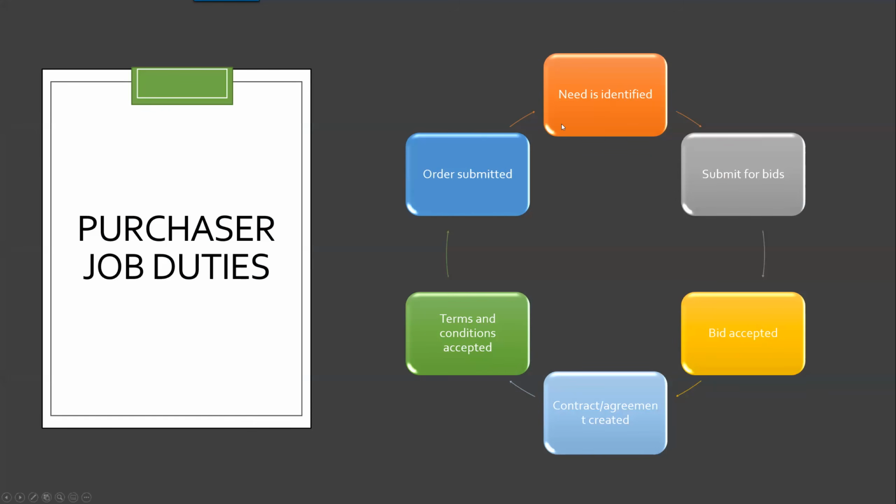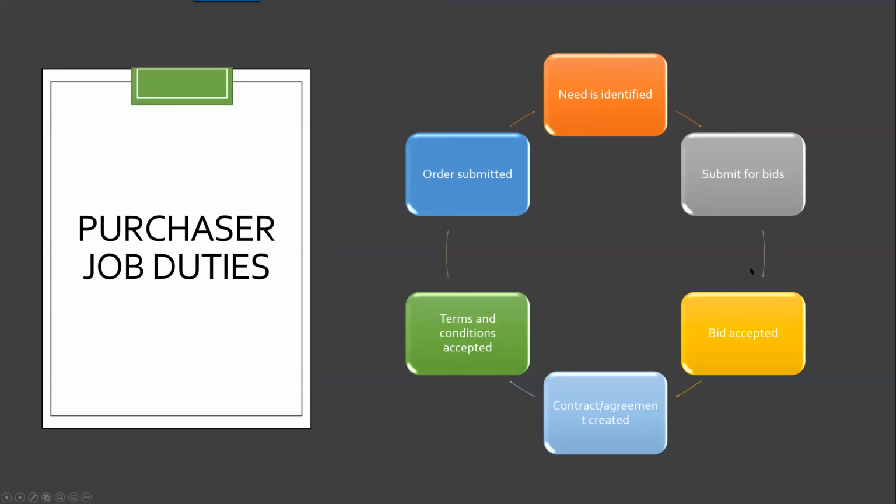The first place that we're going to begin is that the need has to be identified. This can be goods or services which need to be acquired for the operation. Next, bids are submitted. In some scenarios, bids are required by a corporation in order to even move to the next phase.